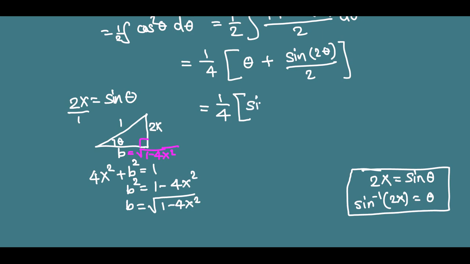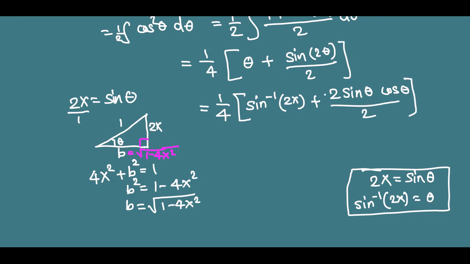So this is sine inverse 2x plus sine 2 theta. It's the double angle, sine 2 theta, but our right triangle is for theta, so we need to break this up with a formula. There is an identity: sine 2 theta is 2 sine theta cosine theta. Then we can write what sine and cosine theta are from this right triangle, over 2.